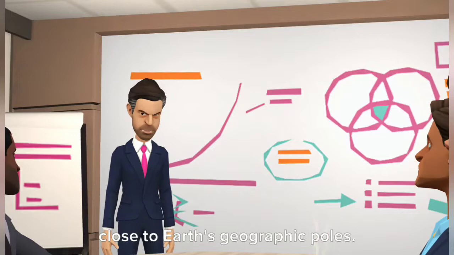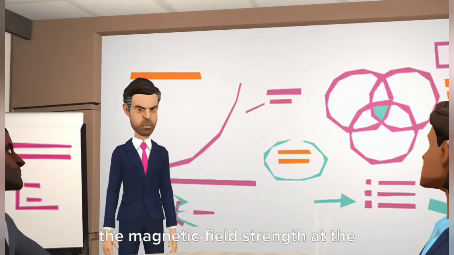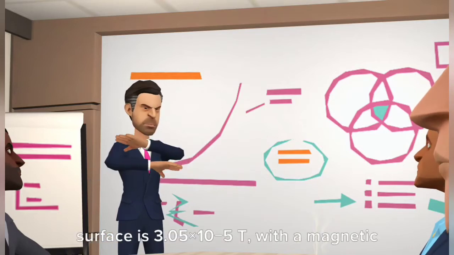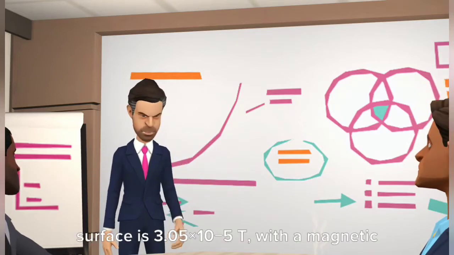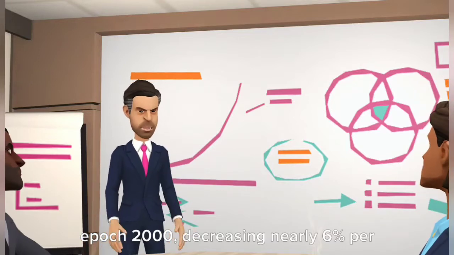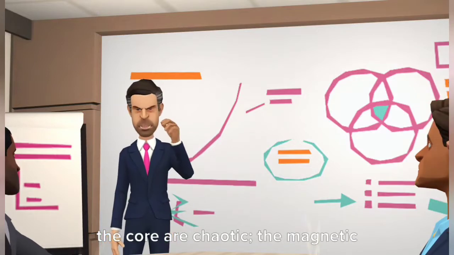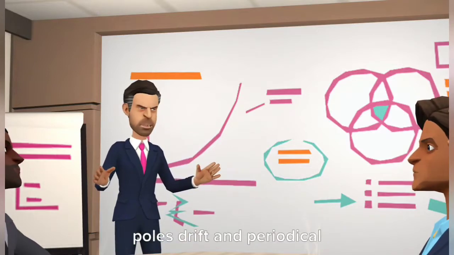At the equator of the magnetic field, the strength at the surface is 3.05 times 10⁻⁵ T, with a magnetic dipole moment of 7.79 times 10²² Am² at epoch 2000, decreasing nearly 6% per century. The convection movements in the core are chaotic. The magnetic poles drift and periodically change.